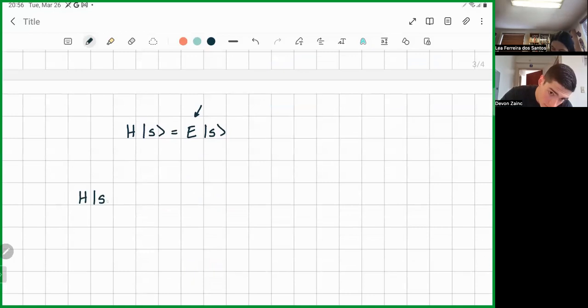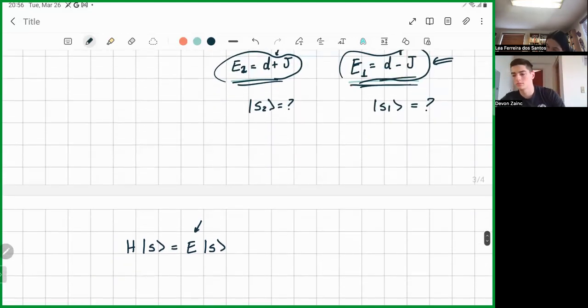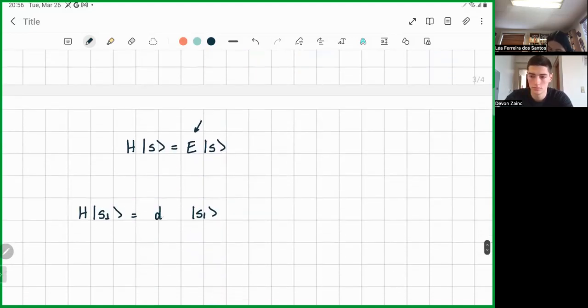So that's exactly what I'm going to write. When I act with this matrix on this vector S1, nothing changes. I will just get back S1, but with a number in front, which is this energy here: D minus J. And on the other side, when I act on S2, nothing changes.